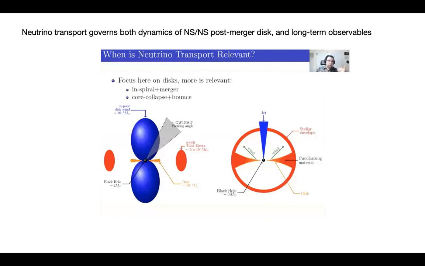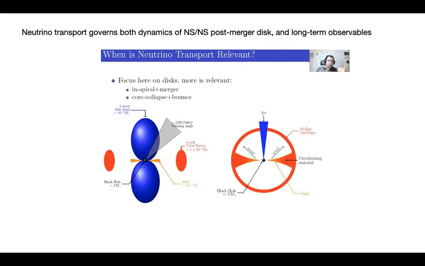So then moving on to Jonah's talk about the neutrino transport. This is just his starter about how it's relevant both in the core collapse supernova, which is shown on the right, where you have a collapsar and then an accretion disk inside of the star that then has to blow out to form the supernova, or on the left, the neutron star mergers with the tidal ejecta, the winds, the torus, the ejecta torus around it, and the disk.